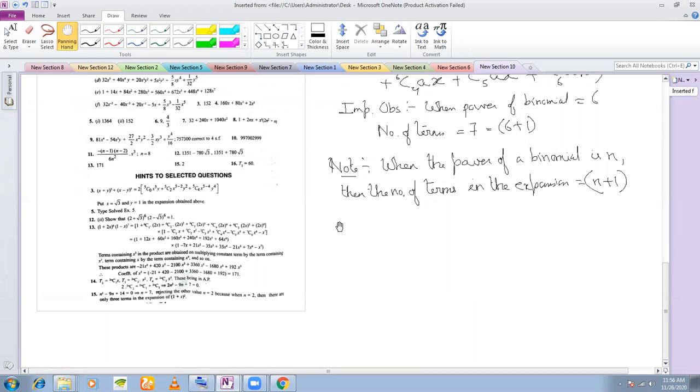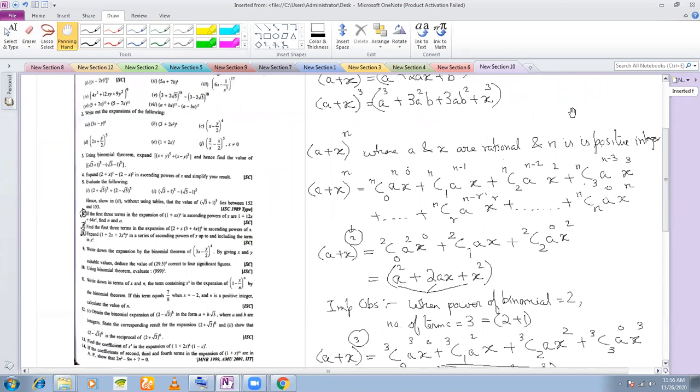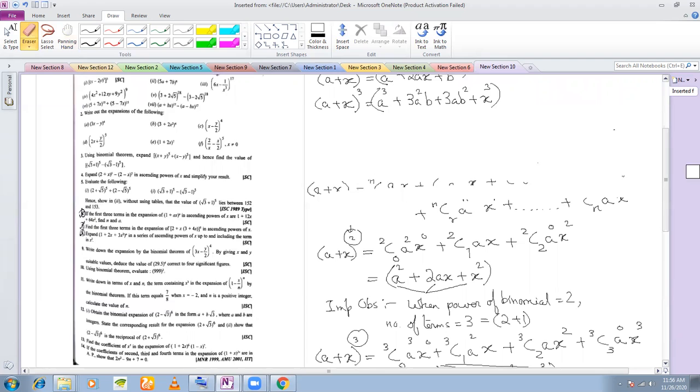So now we are going to start with some of the problems from binomial theorem based on these.